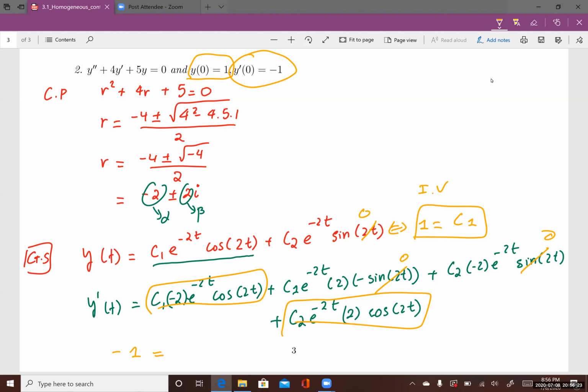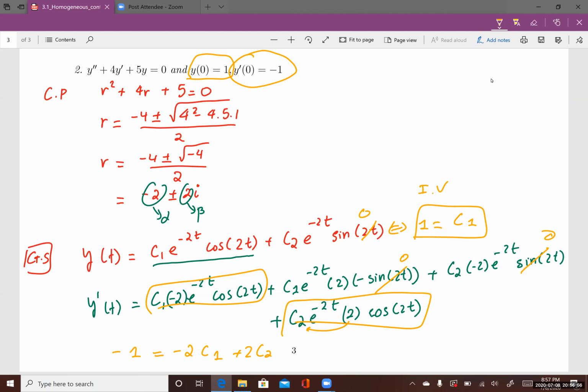So it's going to be C1 times negative 2, right, negative 2 C1 e to the 0, which is 1, cosine of 0, which is 1. And then the second term, I would have 2 C2 e to the 0, which is 1, and cosine of 0, which is 1. So that means I would have negative 2 C1 plus 2 C2 equals negative 1.